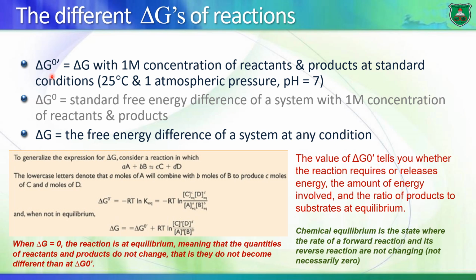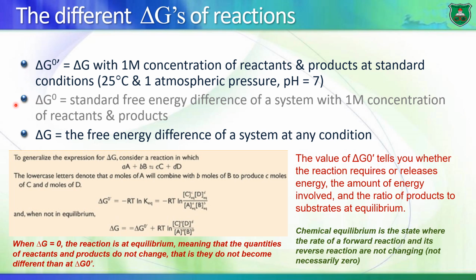This delta G represents the amount of energy that exists in a reaction, products and reactants, whenever you have 1 molar concentration of reactants and products at standard conditions. And the standard conditions are 25 degrees Celsius and 1 atmospheric pressure, as well as pH of 7, neutral pH. Now this is delta G naught prime.